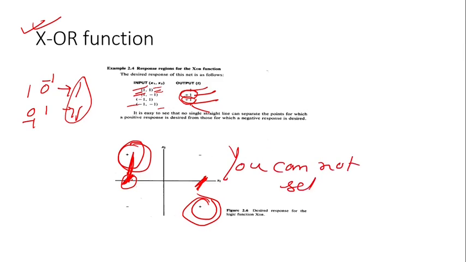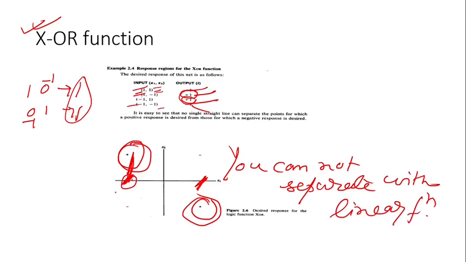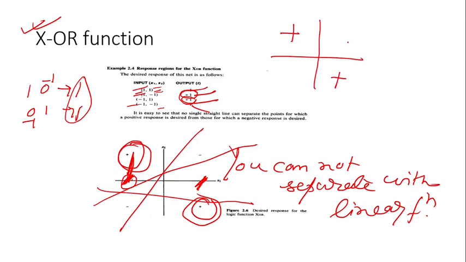separate them with a linear function. That means with a straight line, you cannot. If you have a straight line here, it won't separate them. If you have a straight line there, it won't separate them either, because it is something like this: plus plus minus minus.